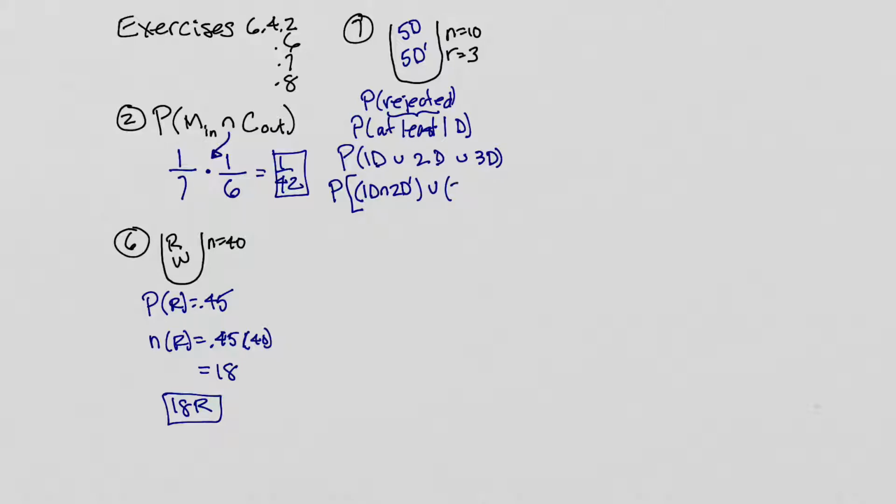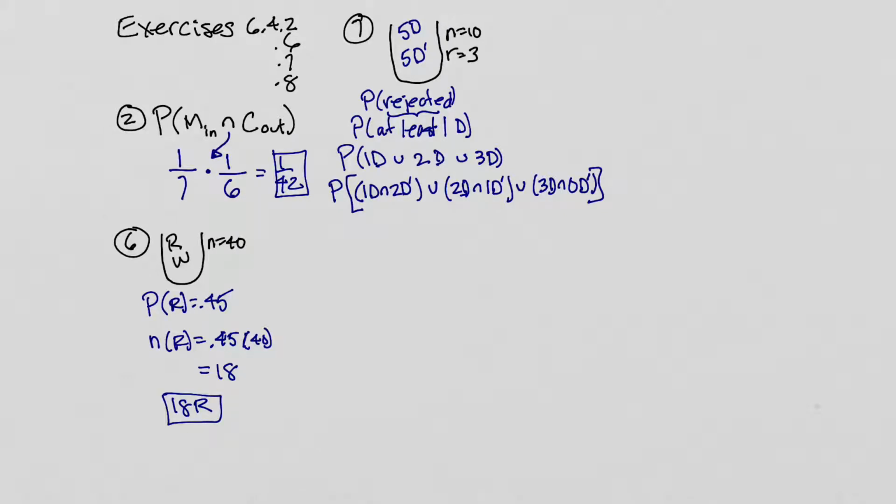And to get 2 defectives, we would have 2 defectives and 1 non-defective. And then for 3 defectives, we would have 3 defectives and 0 non-defectives. Let's close and close.